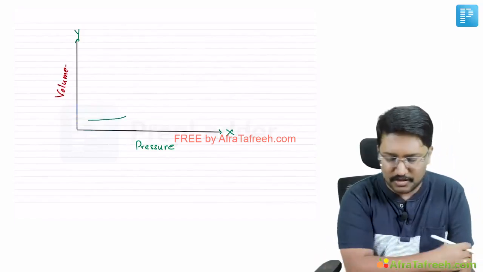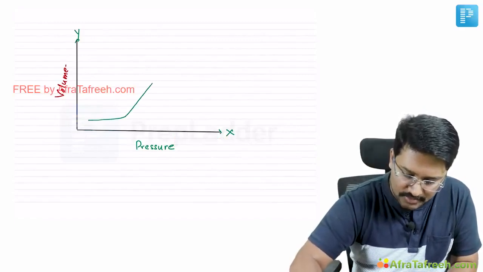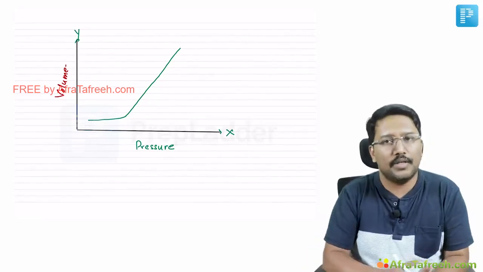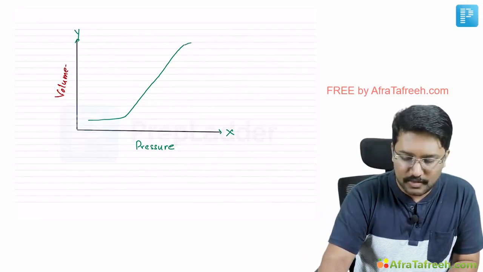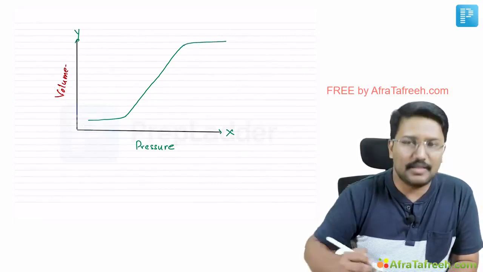So as you increase, initially the volume and pressure are not much affected. Eventually, you start noticing the volume and pressure start going up, proportionately. And at some point, lungs will not be able to accommodate much volume, but the pressure keeps increasing.